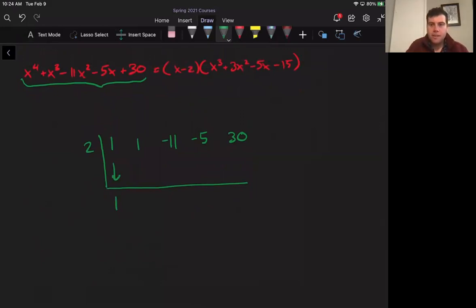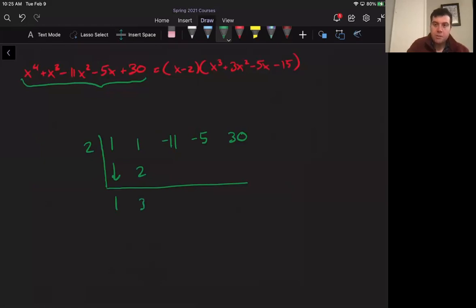So essentially, we're just ignoring that, we're trying to match that first term. But now we're going to multiply 2 to that 1 and bring a 2 up here. And now we add those two numbers together, and that brings down a 3.